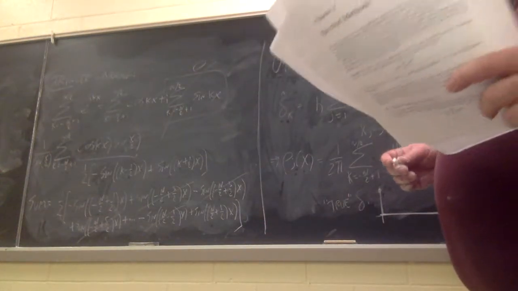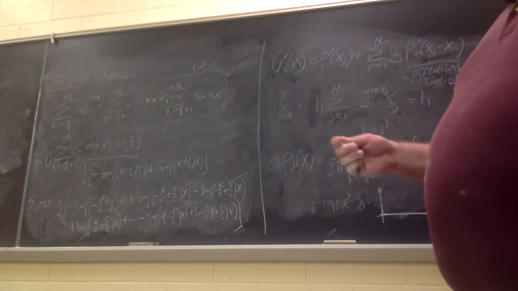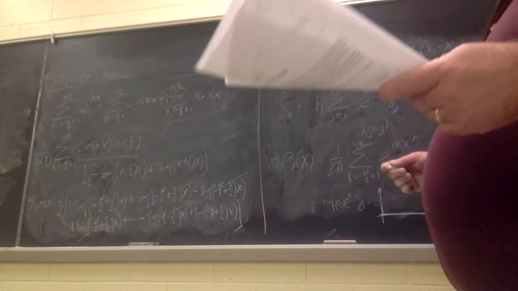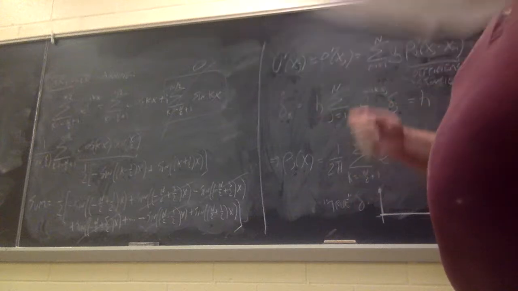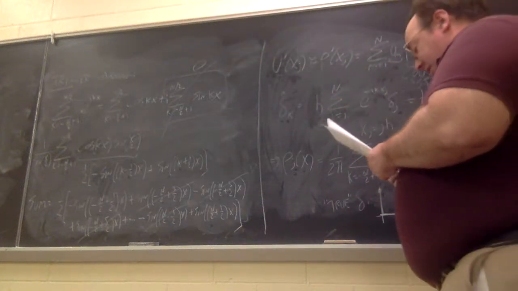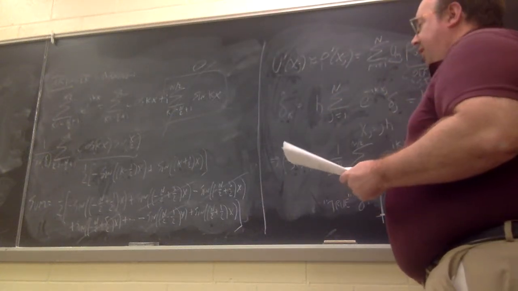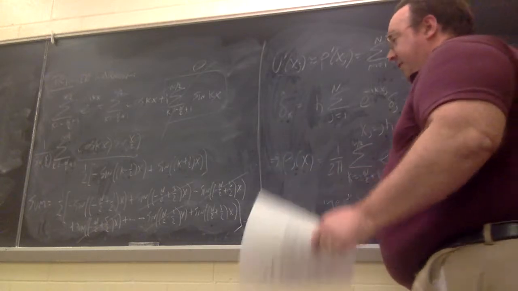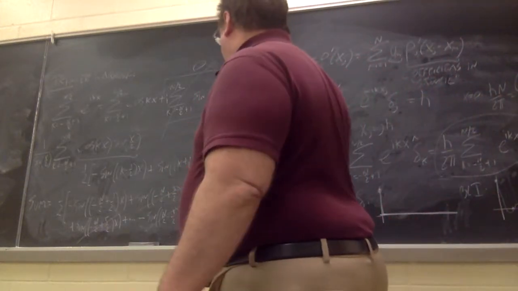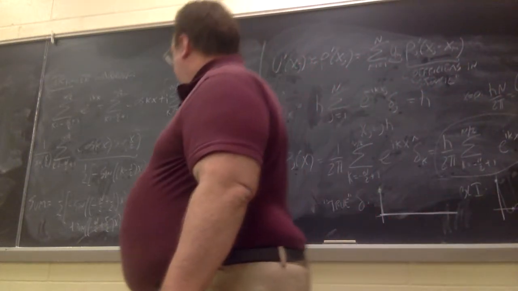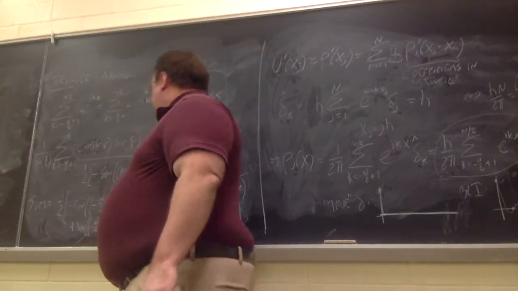So now, this is what I mean by closed form. The number of terms is no longer dependent on capital N. It's just two terms. And in fact, I'm going to go further. I want to condense this down to one term. But before I do, I'm going to mess with this a little bit.